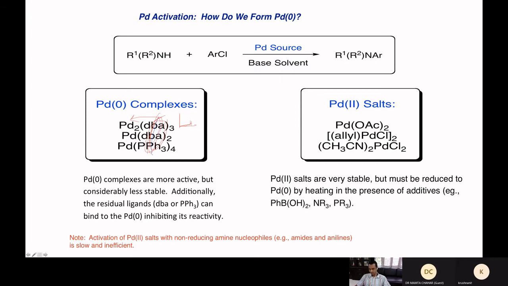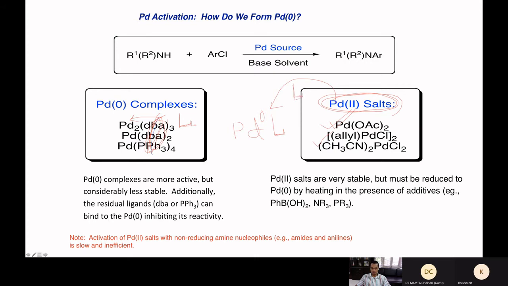That's why you take very cheap and readily available palladium 2 plus. In situ you generate palladium 0 in the reaction mixture along with ligand. So you take palladium salts which are very readily available and cheap, you reduce in situ to palladium 0, and you add the ligand in the process.